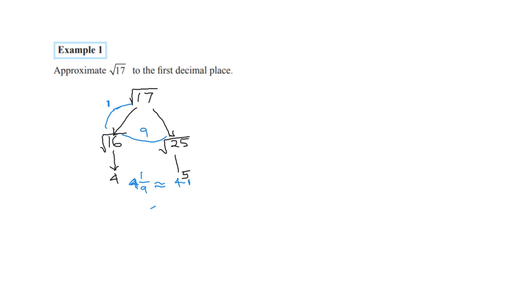Then let's check whether 4.1 is the correct answer. So we multiply 4.1 by 4.1, equal to 16.81. And we check the next number, 4.2 into 4.2, which is equal to 17.64.